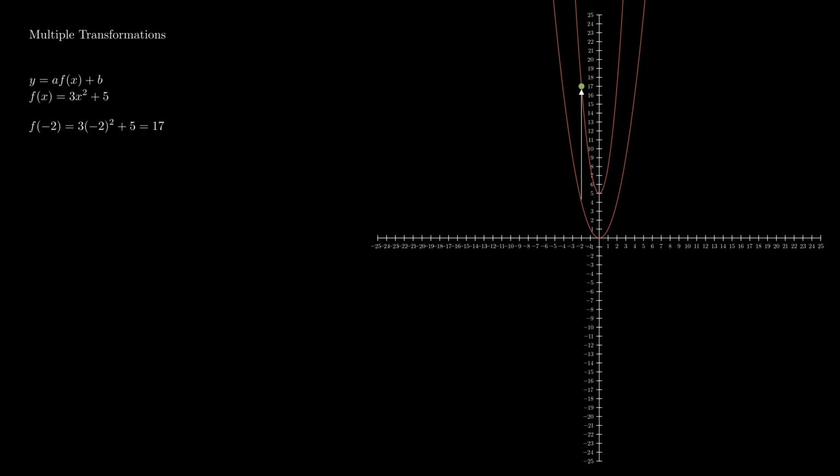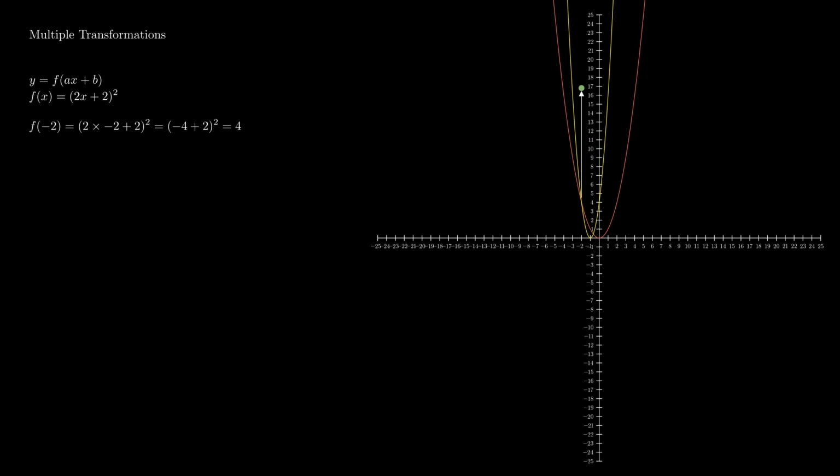So f of negative 2 was shifted upwards by 5 and was stretched vertically by 3. Let's now look at another kind of multiple transformations. So if we have y equals f of ax plus b, for example, f of x equals 2x plus 2 all squared.